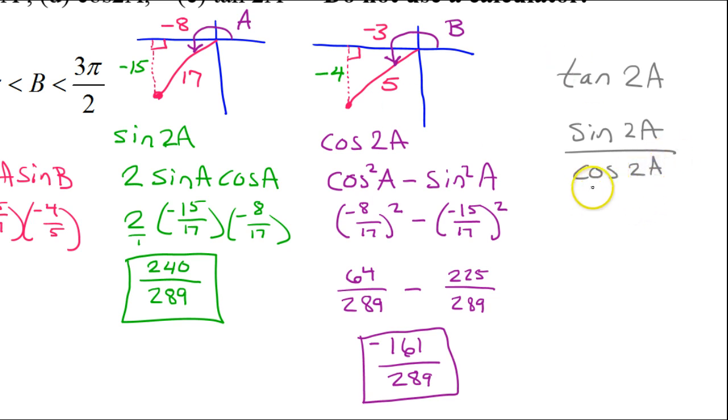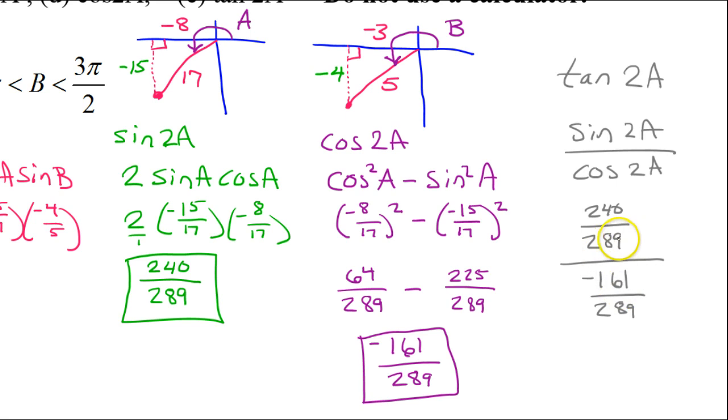So I don't need to use the tangent formula, which I also know, but since I just calculated sine and cosine, it's quicker to just do it this way. So I'm going to take sine of 2A, which is 240 over 289, and I'm going to divide that by cosine of 2A, which is negative 161 over 289.